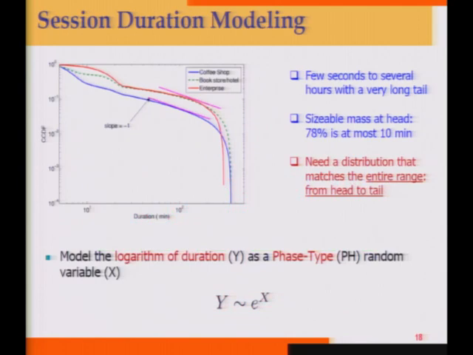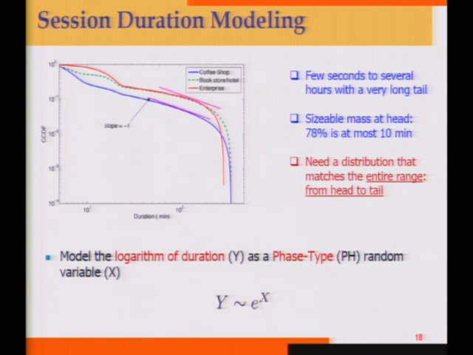With the arrival count modeling done, we now come to the modeling of the session durations. As I showed in this plot before, the CCDF on a log-log scale has a long tail, but it also has a very significant head in the distribution. Durations range from a few seconds to several hours with a very long tail.